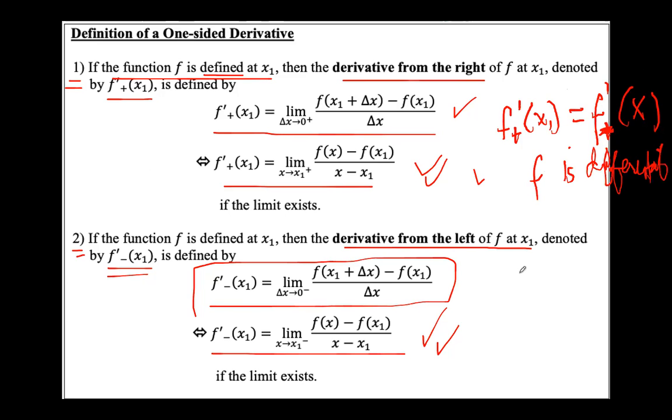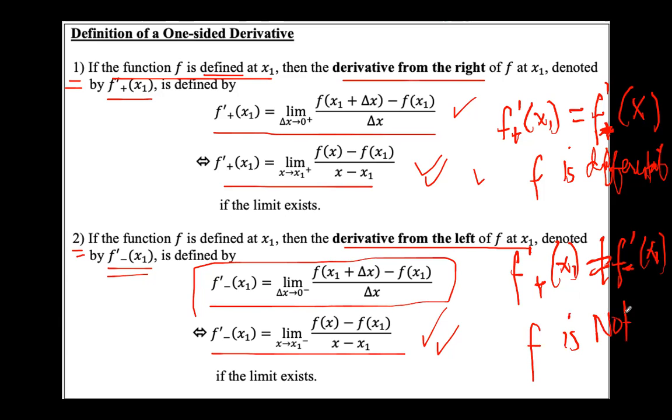Differentiable, okay? However, if the one-sided limits of f at x sub 1, from the right and from the left, are not equal, though they exist, then f is not differentiable.